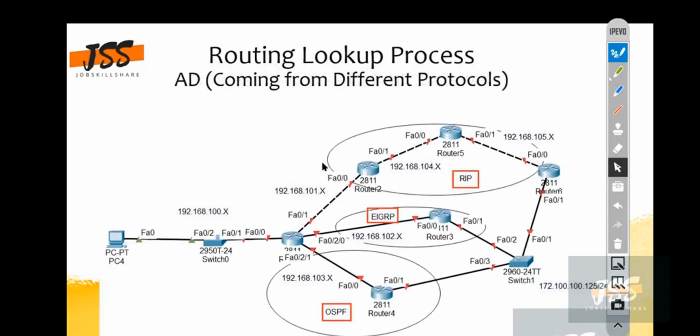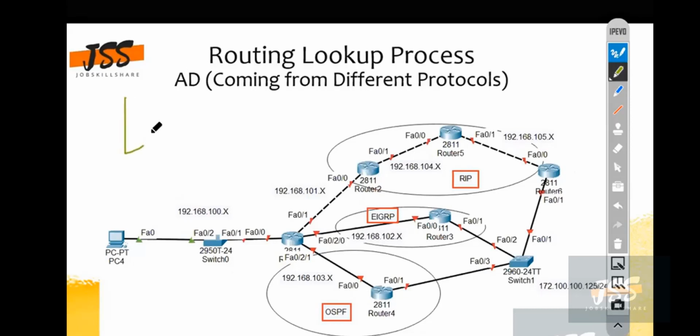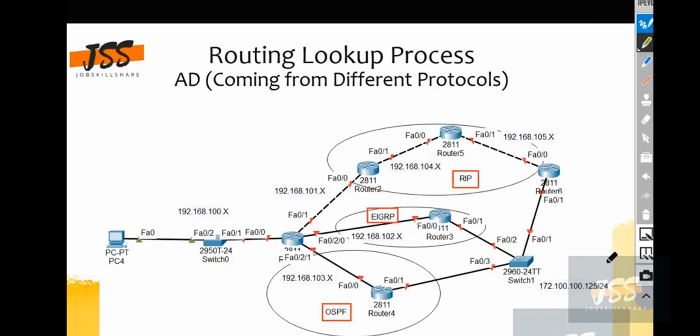So the longest match we have gone through. This is also a very important part in the routing lookup process, that is AD. After the longest match, let's suppose we have multiple routing protocols. So this is the destination.